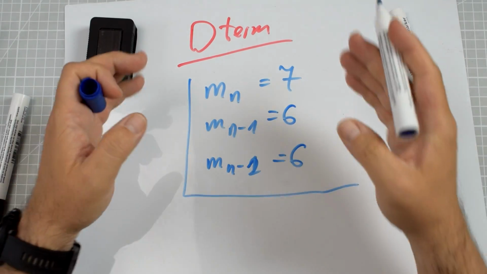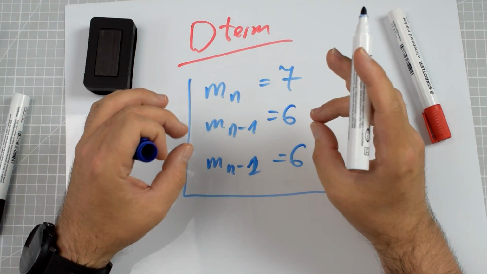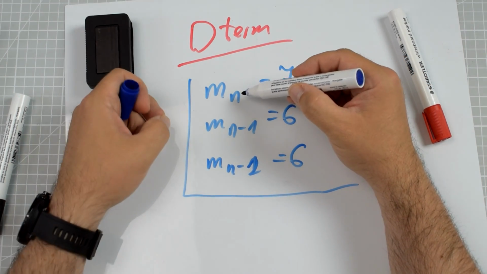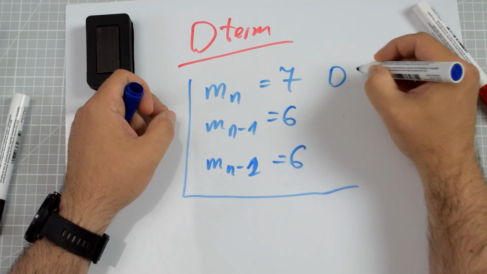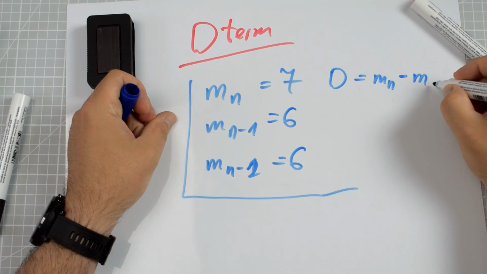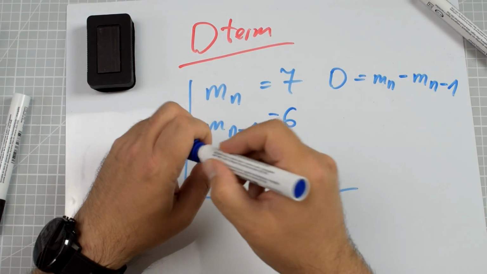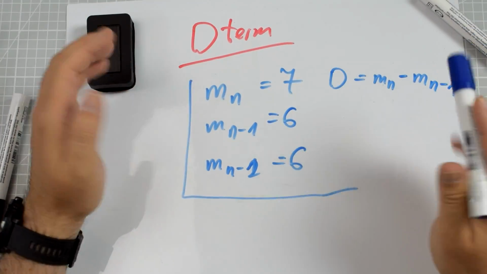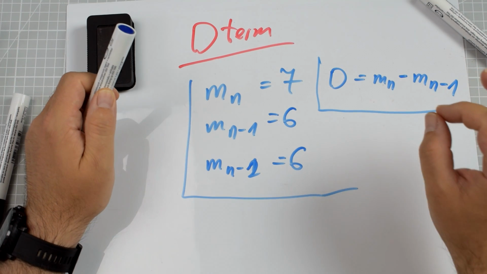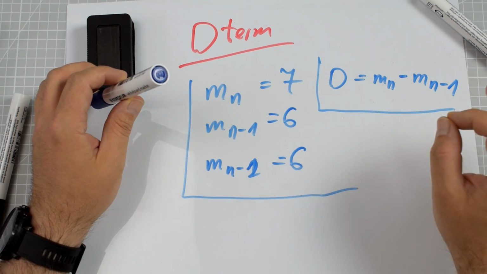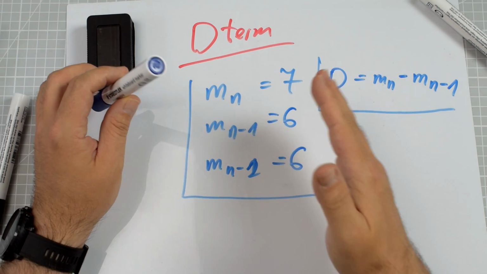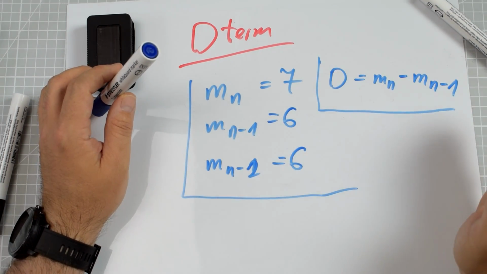We can compute a derivative in the present moment. That means if we are on the nth sample, then the derivative equals m of n minus m of n minus 1. And this is all. This is the only equation that is really used to compute the value of the derivative, the rate of change, at any given moment. It's the current reading minus the previous one.